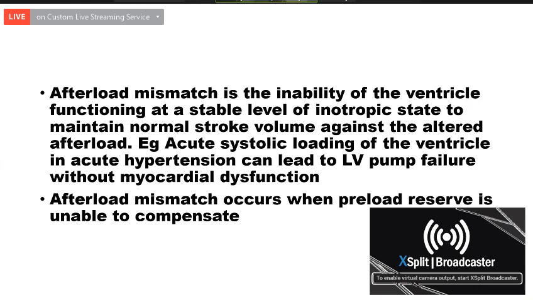Can anybody mention another important situation where there can be an afterload mismatch? In a patient with mitral regurgitation, when they undergo mitral valve replacement, there can be a sudden afterload mismatch. Why is it so? Any one of you?